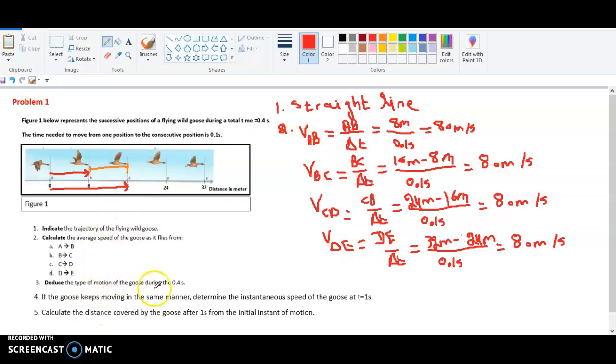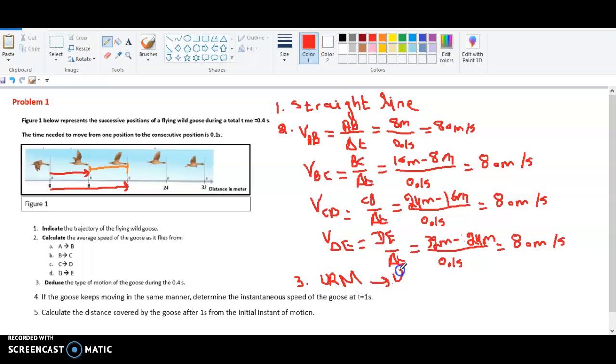Now, deduce the type of motion of the goose during the 0.4 seconds, from A till E. Because all average speeds are equal to each other, this is URM motion. What do we mean by URM?